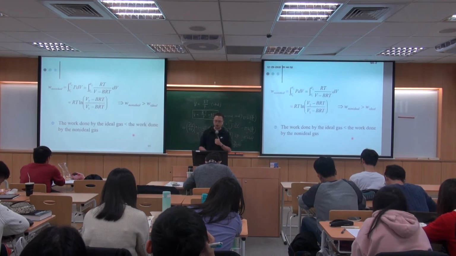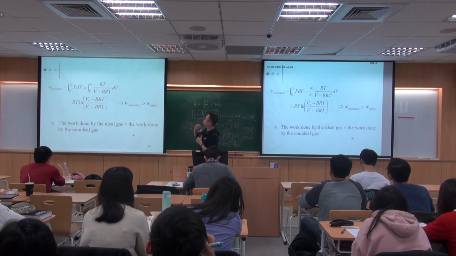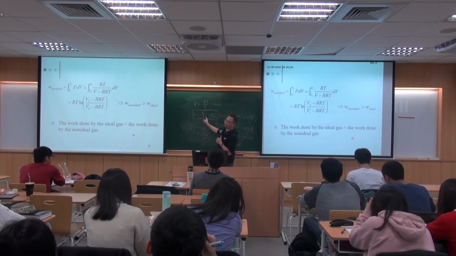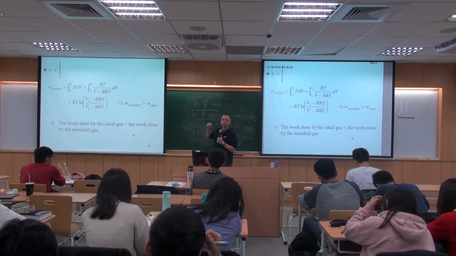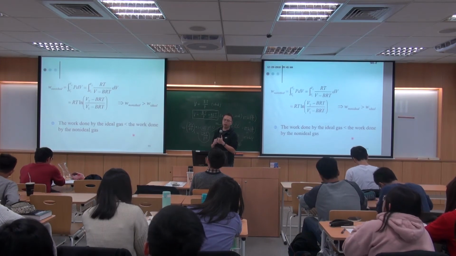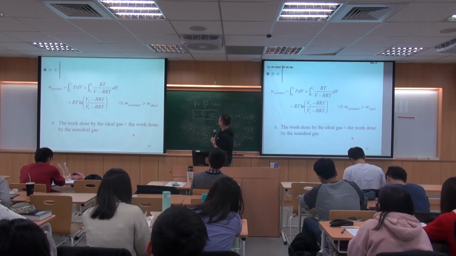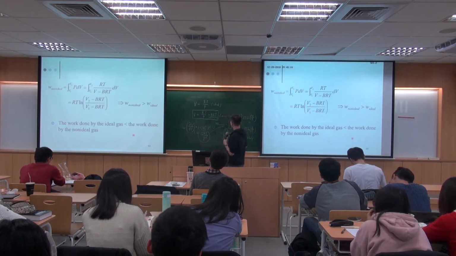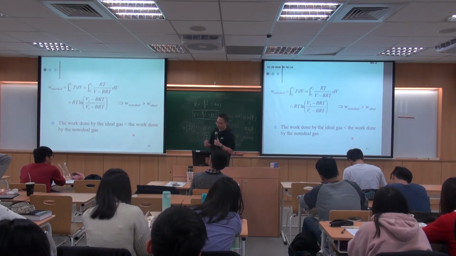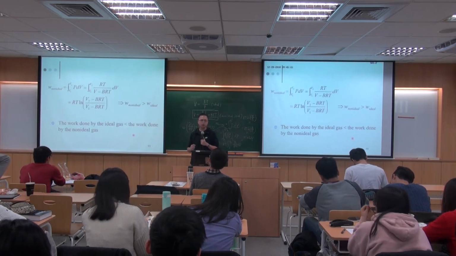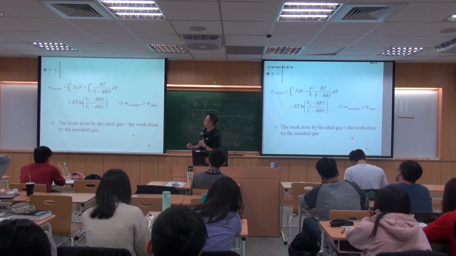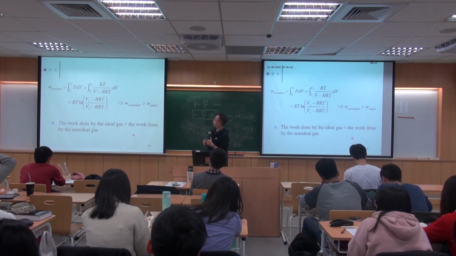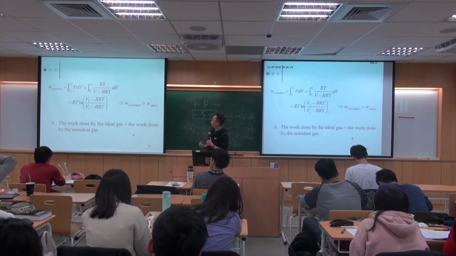But for the non-ideal gas, we use the same expression. And then since we already know, again, that pressure is a function of volume, this time we can calculate it directly. Right? Because right now we're not integrating over pressure, because now the variable given by the problem is already volume, right? From V1 to V2, so you can directly plug in. So for this case, it's actually more straightforward. It's easier to calculate.